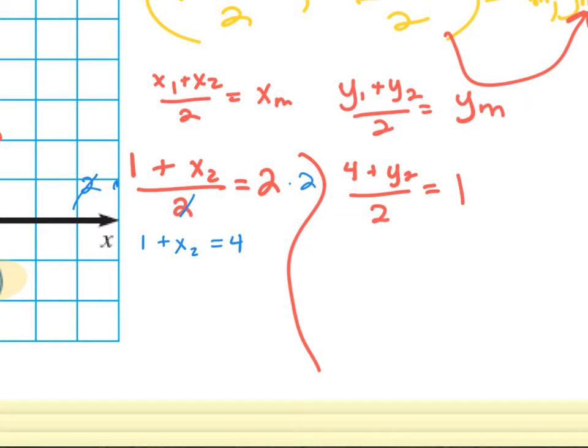And then how do I get x2 by itself? Good. And I get x2 is 3. And then I do the exact same process on the right-hand side. Multiply by 2, multiply by 2. It cancels here. 4 plus y2 equals 2. Subtract the 4.